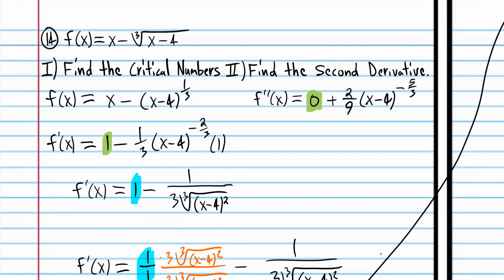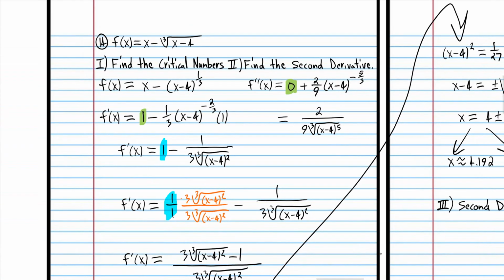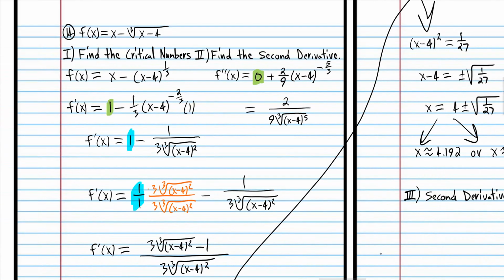Okay, so let's put that double derivative in a form that we can understand. We'll end up with the cube root of x minus 4 to the 5th power. So that is the double derivative.